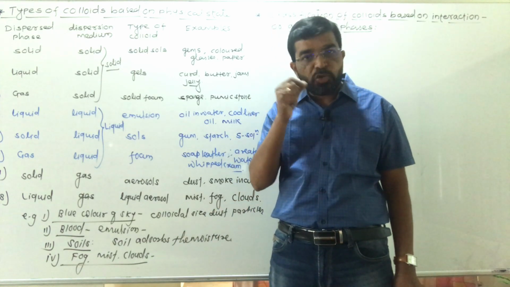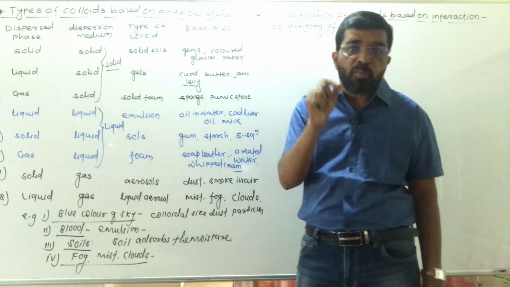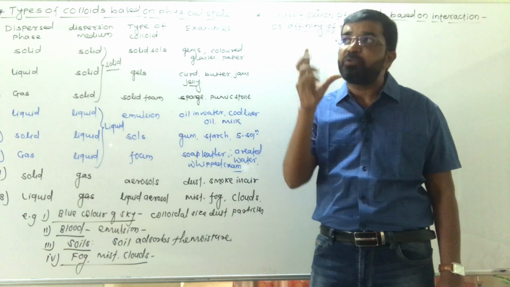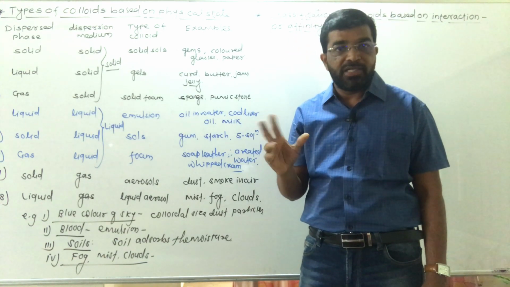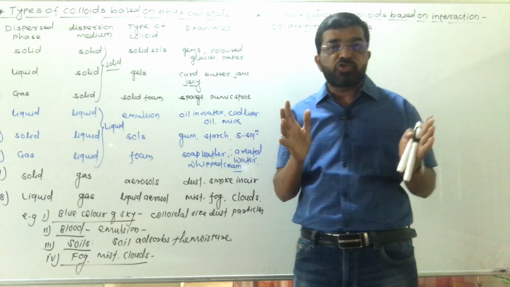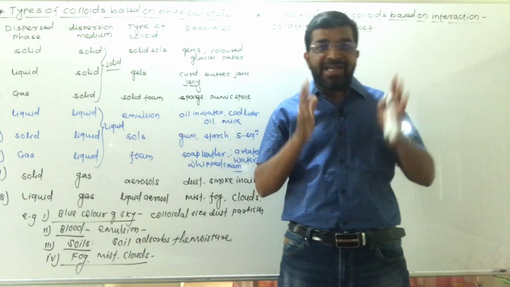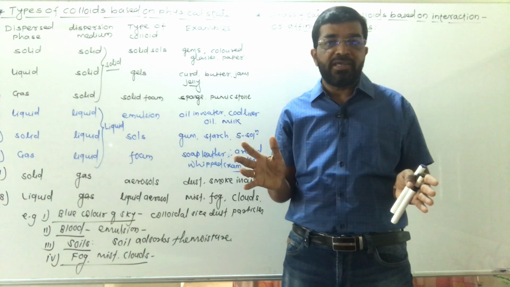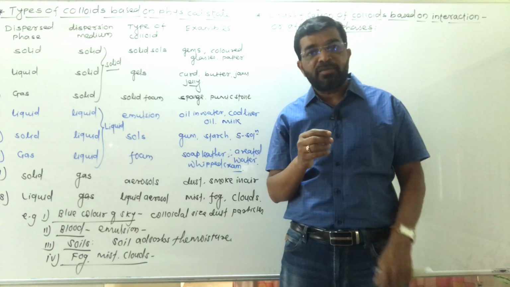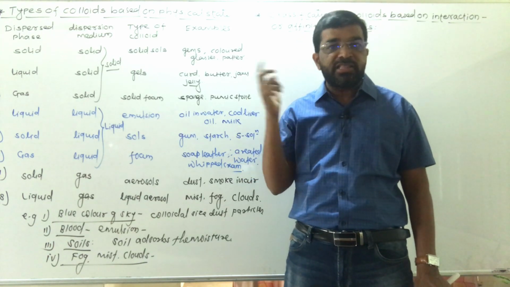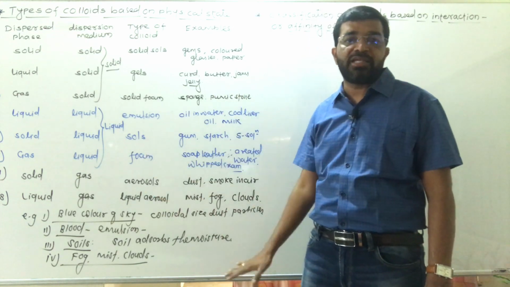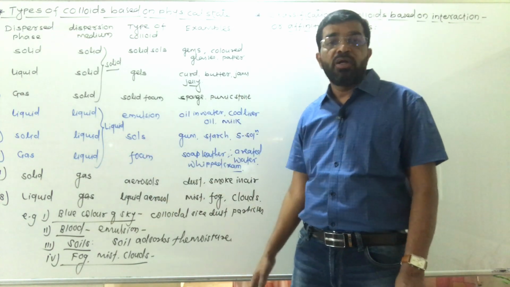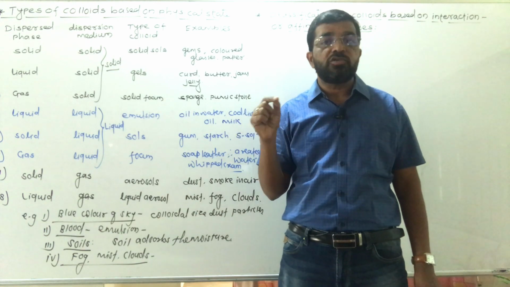Mist, यानी दव बिंदु, is droplets of water present in the air, liquid in gas. Clouds contain water that is present in the air. Fog also contains liquid droplets spread in the air. So these are examples of colloidal solution.